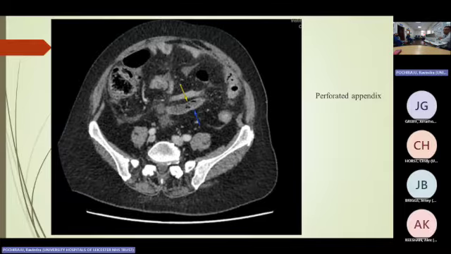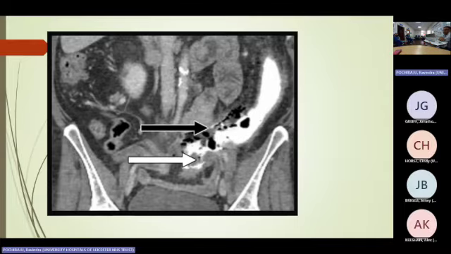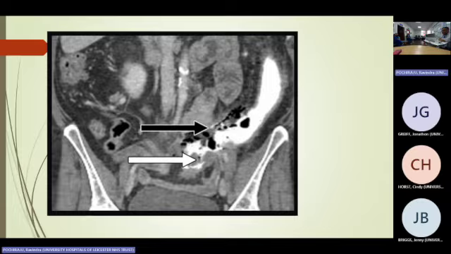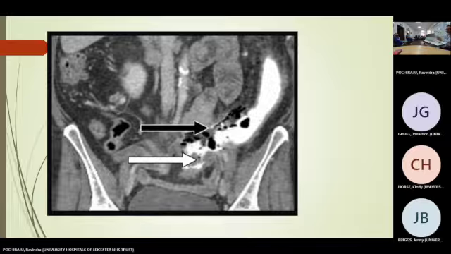Okay. What about this? It's around where the rectum goes down, isn't it? So what's the black arrow? What's the white arrow? Is the white arrow some kind of contrast leak? Yes, agree.